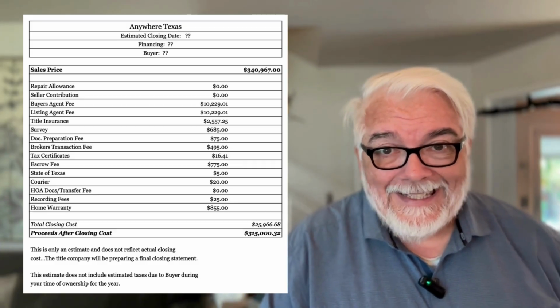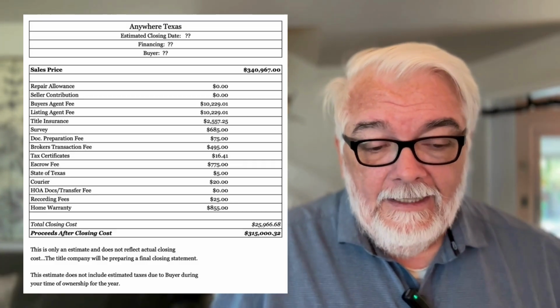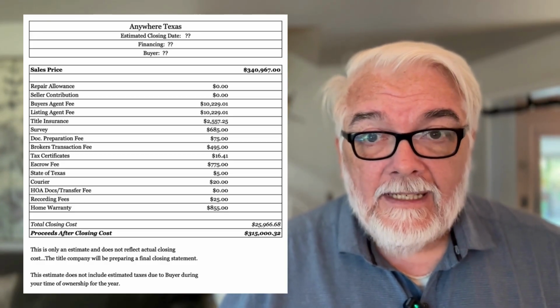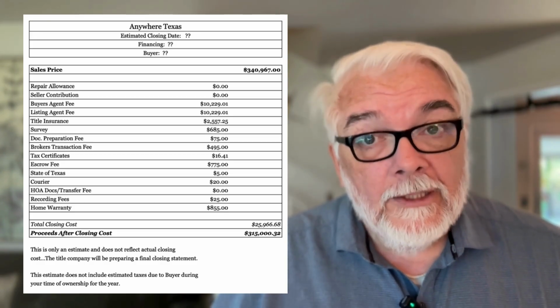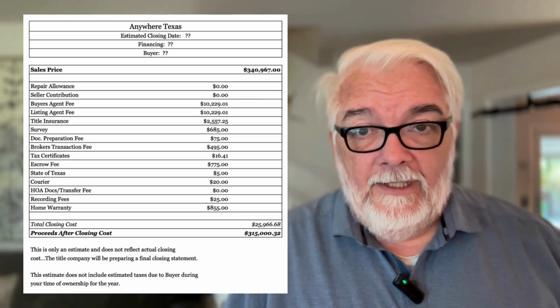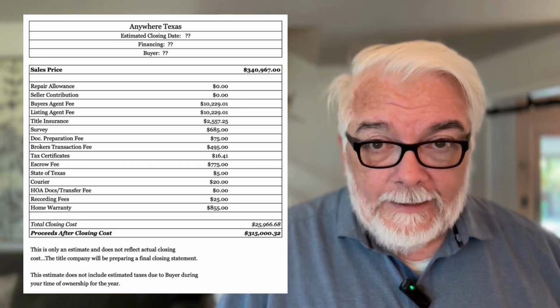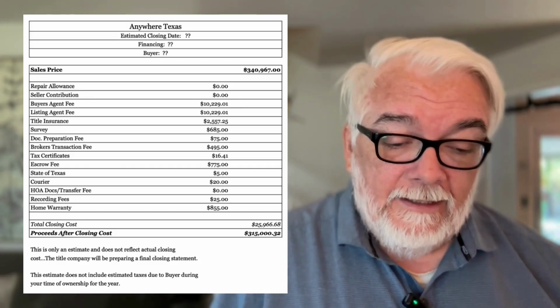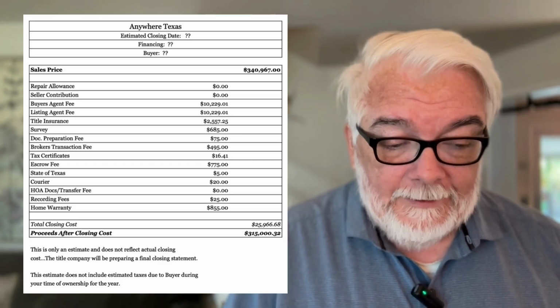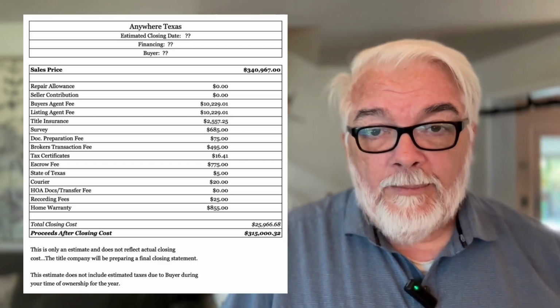I always put it as a seller cost up front in the estimated net sheet, specifically because I want to overestimate the cost for any seller so that when the numbers do fall into place and everything comes to the closing table, I want the seller to be pleasantly surprised, not surprised that they're paying for a survey and they had no idea.